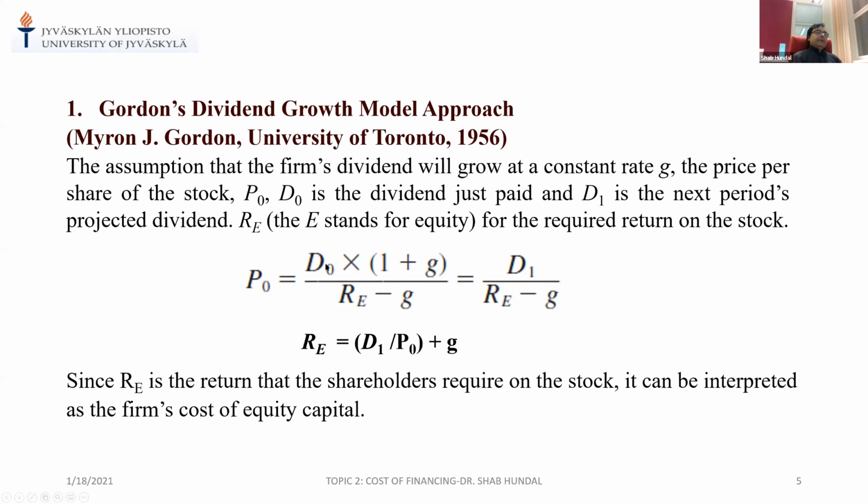And because it's forecasted, this becomes D1. So D1 is the expected dividend in the next period. So the overall formula becomes: the current stock price is equal to the expected dividend divided by the expected return on equity minus the growth rate.